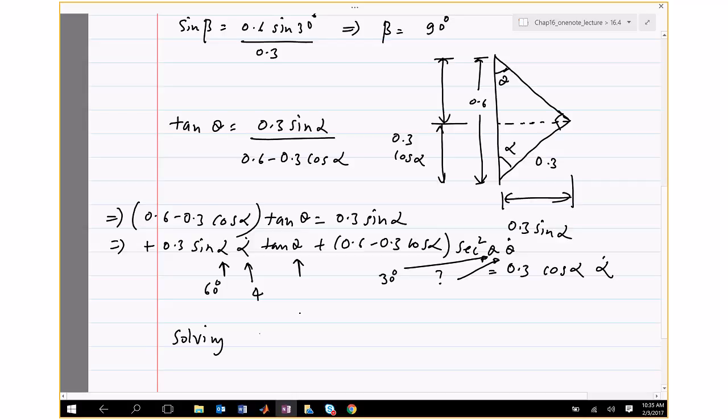So solving for theta dot, the answer is 0. So it's instantaneously at rest. This doesn't mean that it's going to be at rest all the time. Okay? Theta dot need not be 0 all the time. It can be changing with time.